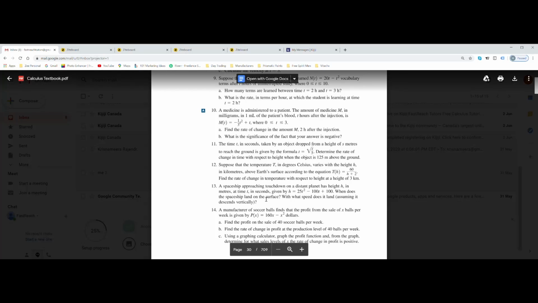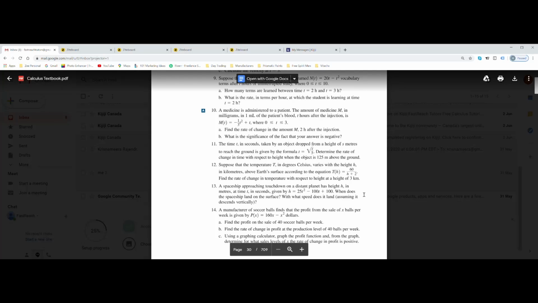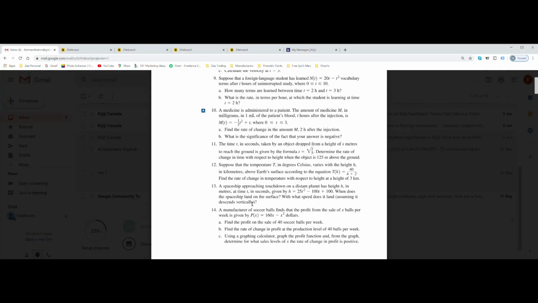Assuming that it descends vertically. So it approaches touchdown. When does the spaceship land on the surface? With what speed does it land?